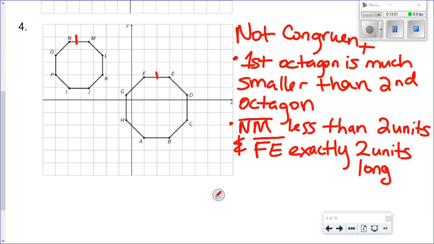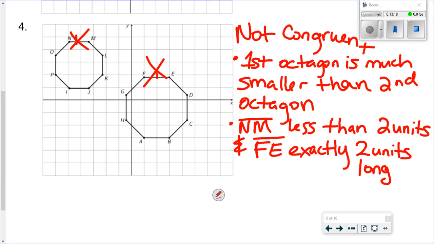So, based on comparing corresponding side lengths, we can see that these are not congruent. This is just a few sample reasons why they are not congruent.